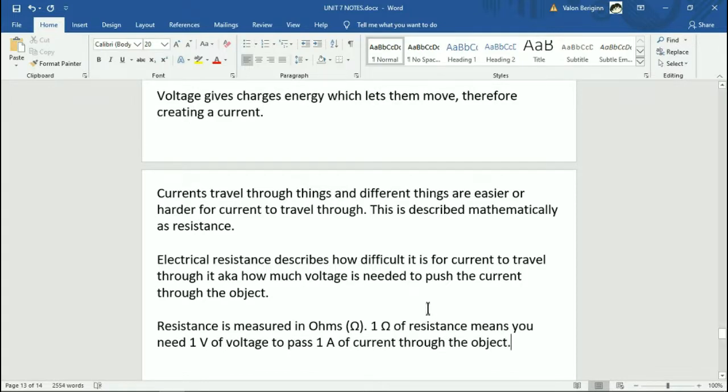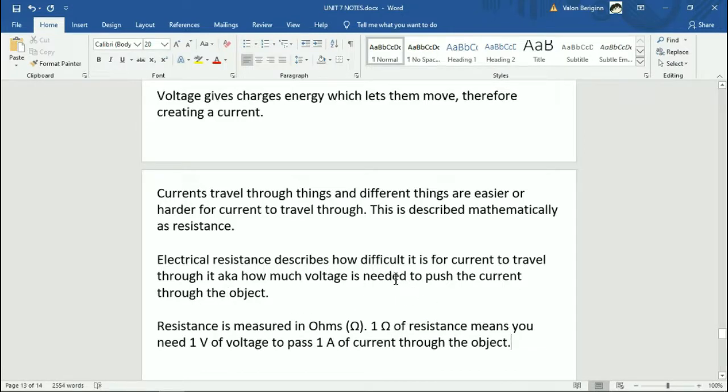Okay, so it's all related in this sense. All three of these, the resistance, the current, and the voltage, are related. So the more voltage you have, the more current you can pass through things of various resistance. If you have something with more resistance, that means you need more voltage in order to pass the current through, and vice versa.